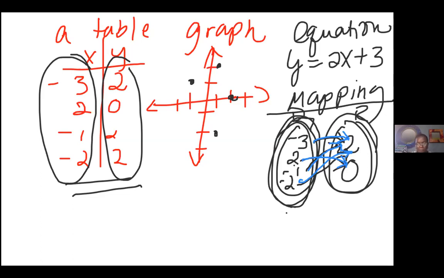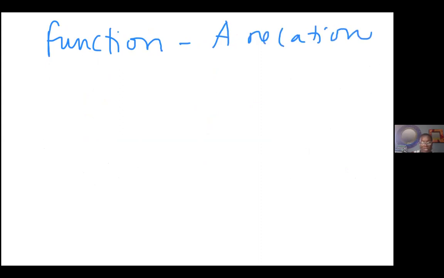Now, guys, additionally, one key definition we look at in this is the definition of a function. This is what this section is about, guys. A function is a relation. Remember, we just mentioned what a relation is. We saw various forms of it.